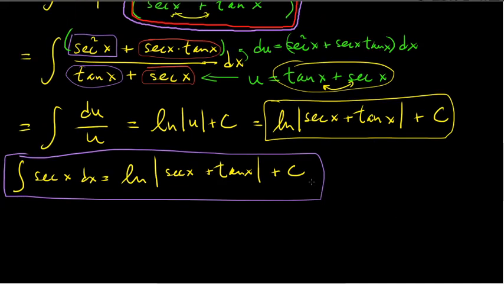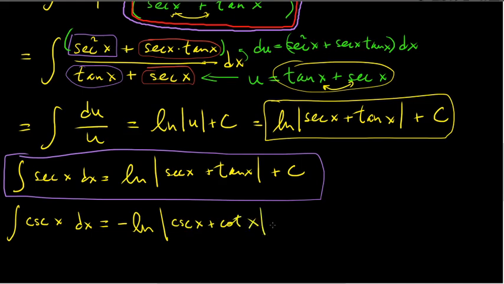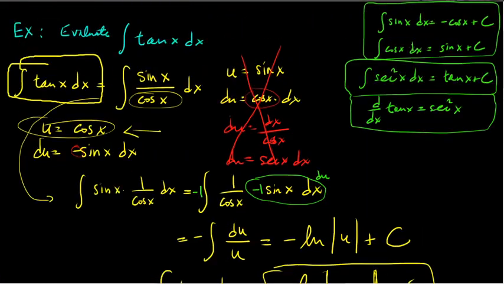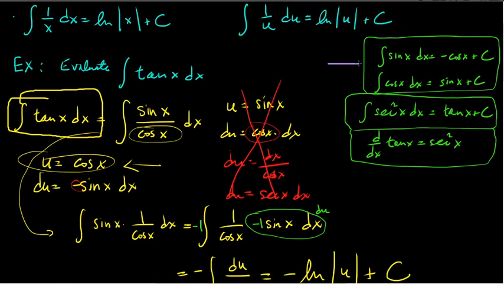So before we go on, we should note the integral, just to finish this off, of cosecant of x. You do a very similar trick, and it turns out to be negative natural log of cosecant plus cotangent. Maybe not a surprise at this point, but again, one that's definitely not obvious. So that does it, right? Now you know the integral of sine, cosine, way up here.